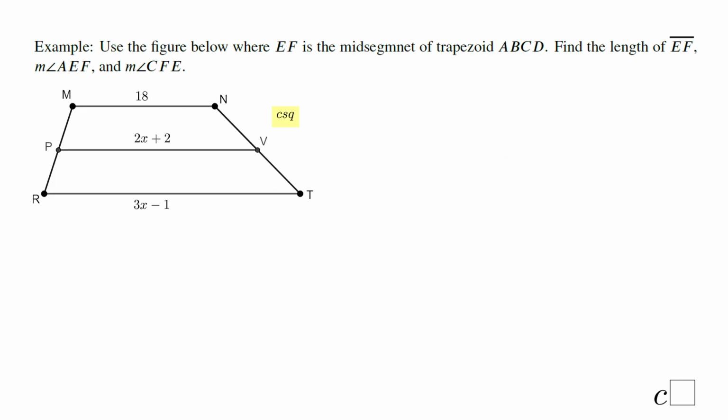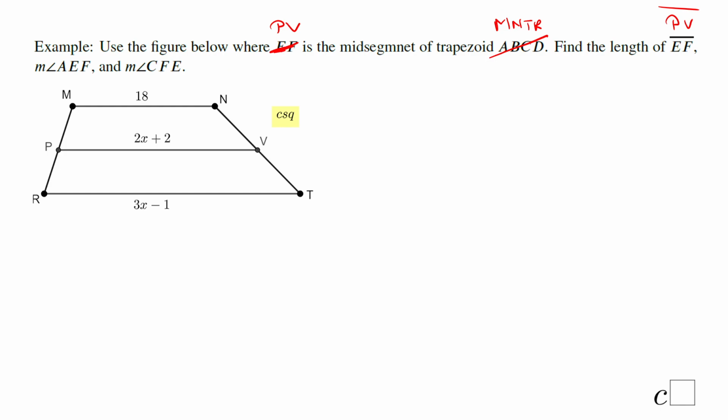And this one, first of all, let's do some changes, because I have the wrong label. So here below, where EF is the mid, this one is PV. So the PV is the midsegment. PV is the midsegment of the trapezoid MNTR, sorry, and we need to find the length of PV.